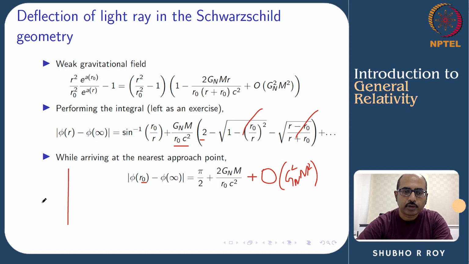Let me draw the diagram once again. So here we have the object, the sun, and the arriving light is tending towards it, and then leaves something like this. The way I have drawn it, the limit angle at the point of nearest approach, on the axis, is actually pi from the x-axis.